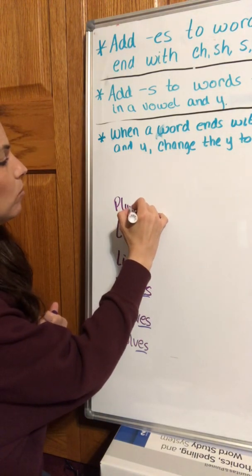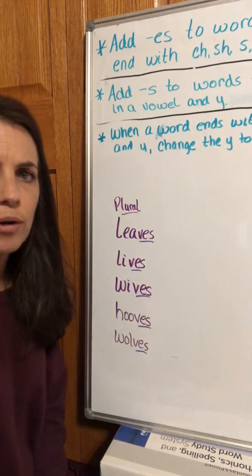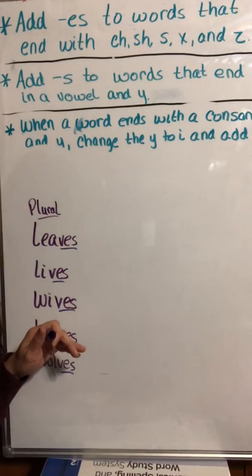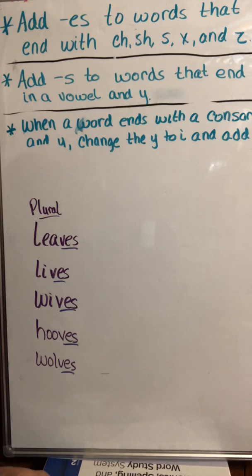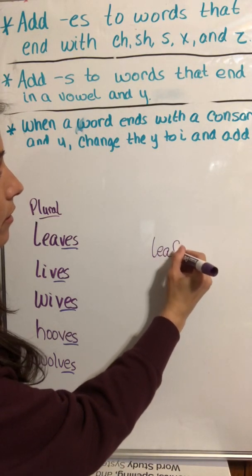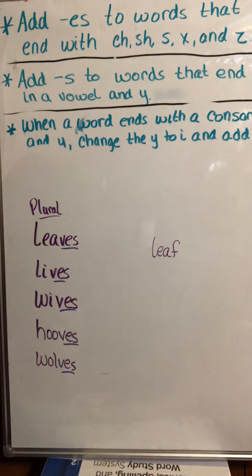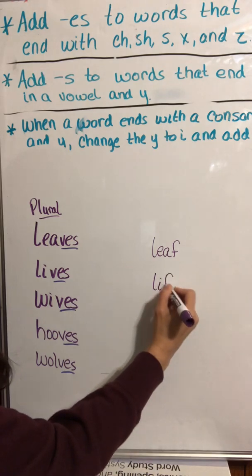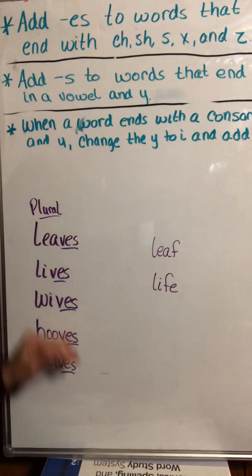But let's think about what the singular form of each of these words would be. Let's look at leaves. If I only have one of them, it would be a leaf. What about lives? It would be life. What about wives?